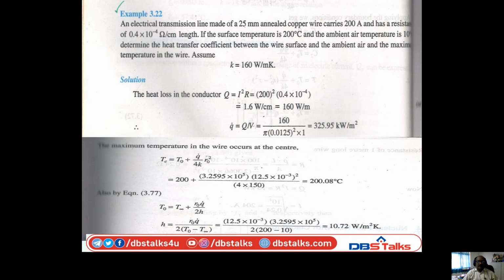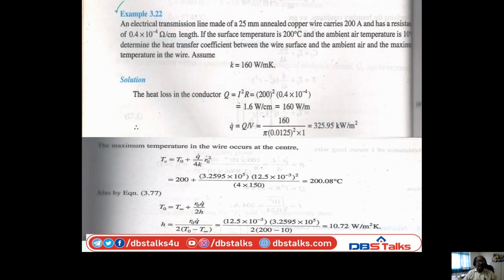Next, he is asking to find out the maximum temperature of the wire. In case of heat generation problems, there are two equations: one is the maximum temperature equation, and another one is the wall temperature equation. Maximum temperature we generally find at the center of the wire or the center of the wall.